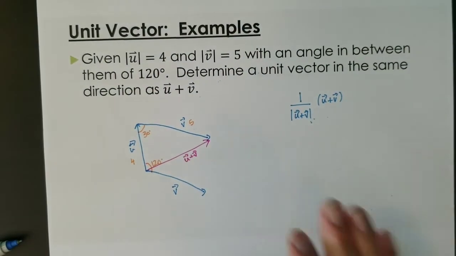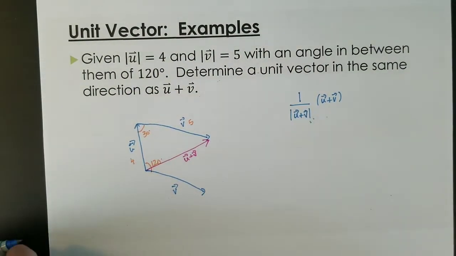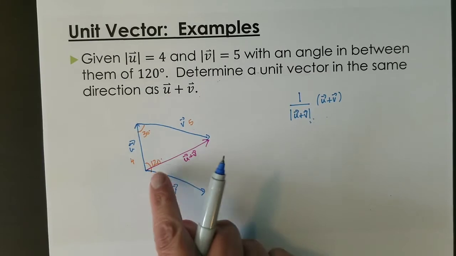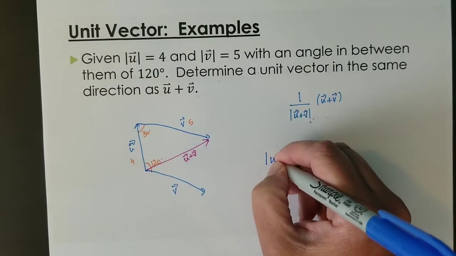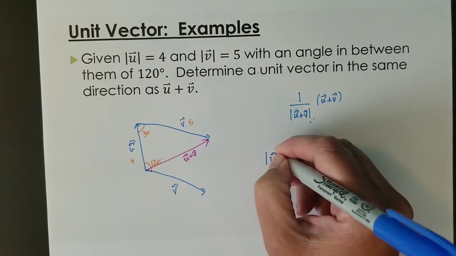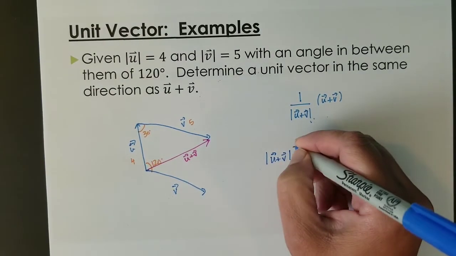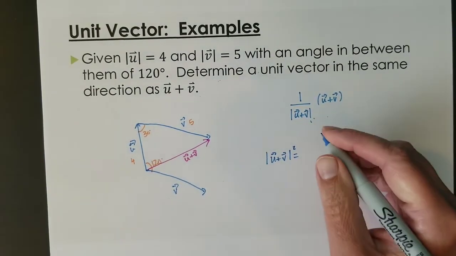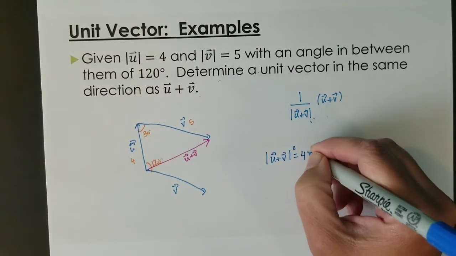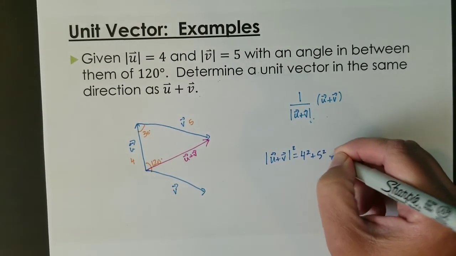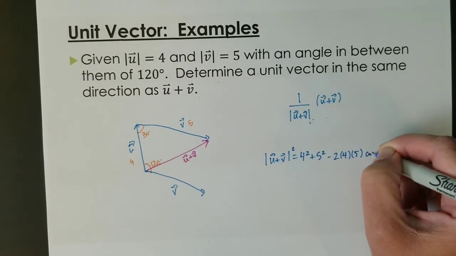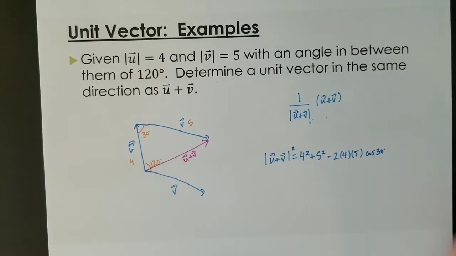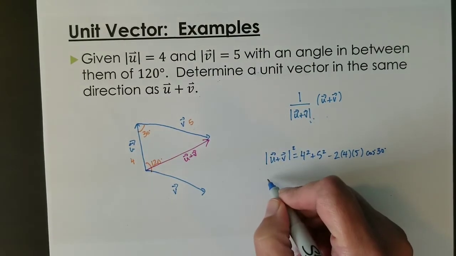I'm going to save some time on this one and just recognize that the magnitude here is going to be, using the cosine law, 4 squared plus 5 squared minus 2 times 4 times 5 times cos 30, because I used the C pattern up there.